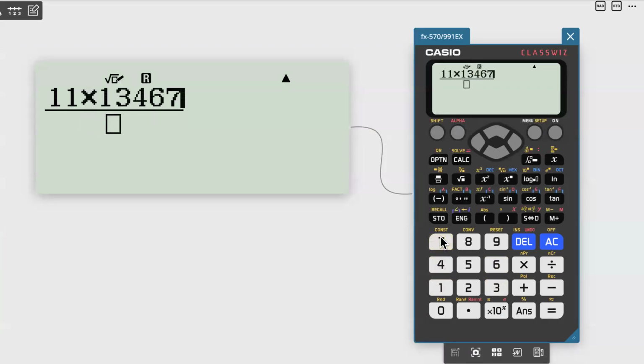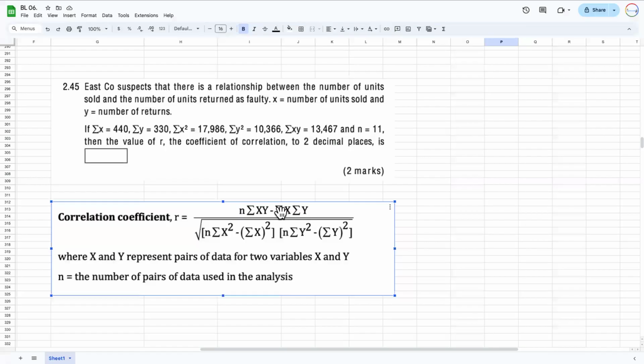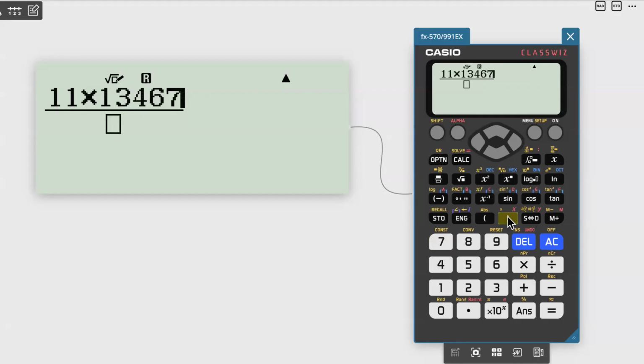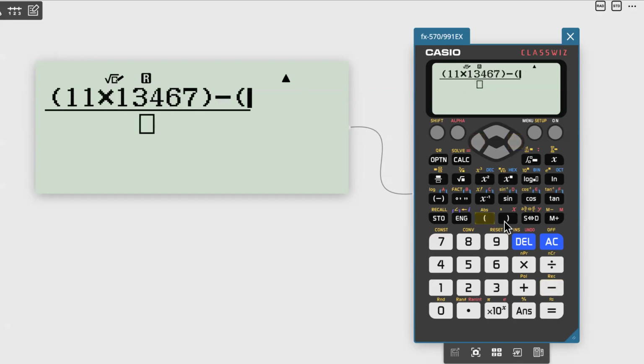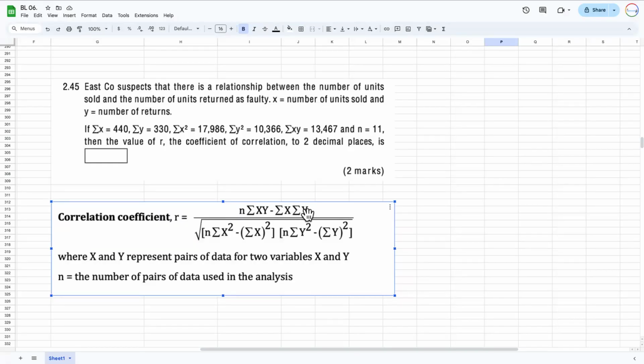That's the first bracket. Then take away sigma x into sigma y. So sigma x is 440 and sigma y is 330.